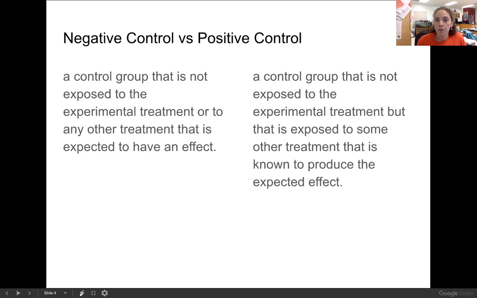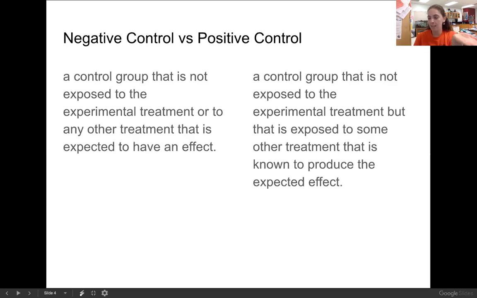Some experiments will have a positive control. This is a control group that is not exposed to the experimental treatment, but that is exposed to some other treatment known to produce the expected effect. You see this happens a lot actually in medical studies, looking at new drugs and their effectiveness. We'll have a negative group that gets a placebo.